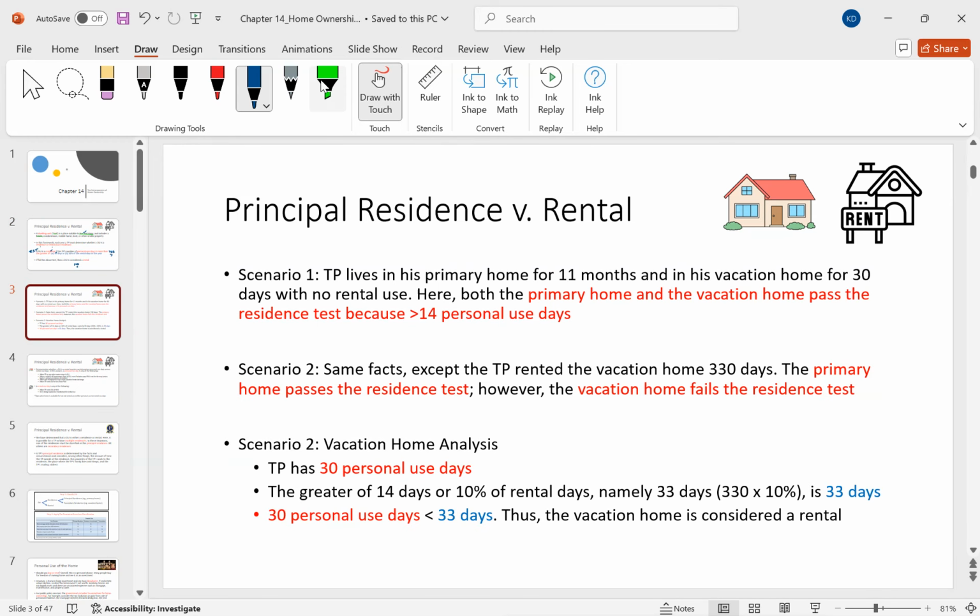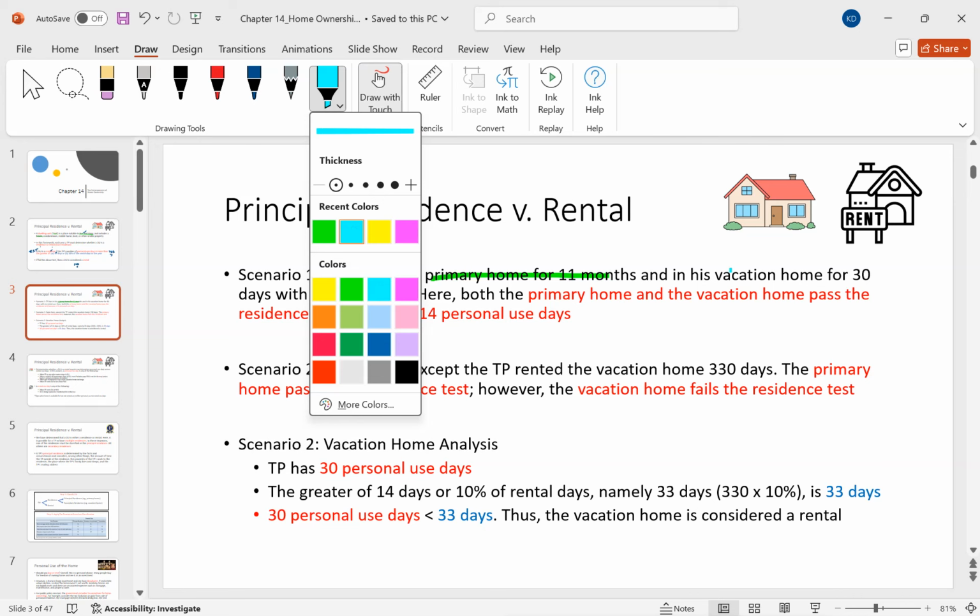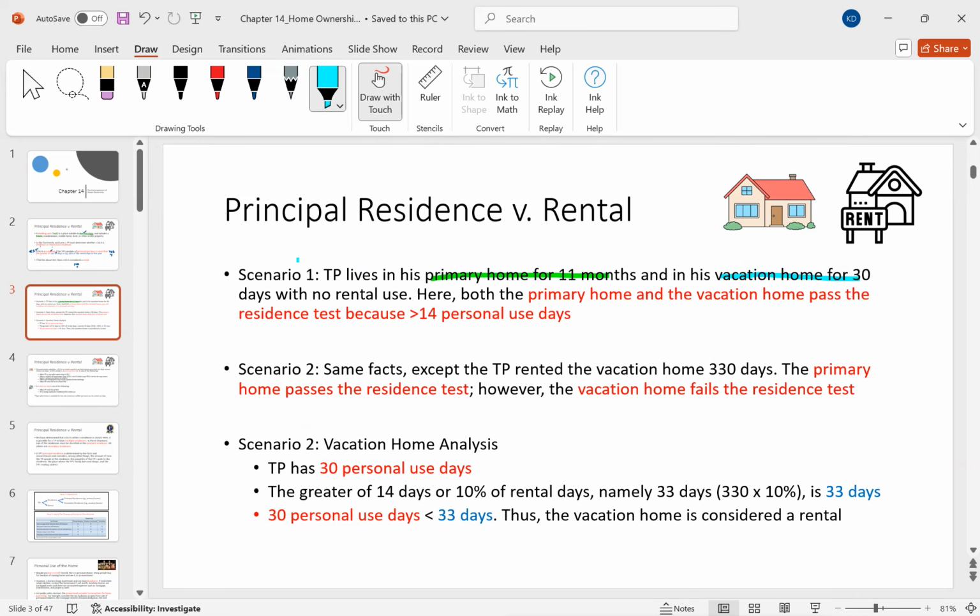Let's look at a couple of examples. We live in a primary home for 11 months, and we have a vacation home we live in for 30 days, and there is no rental use. In this case, for both the primary home and the vacation home, it's going to be yes, yes.